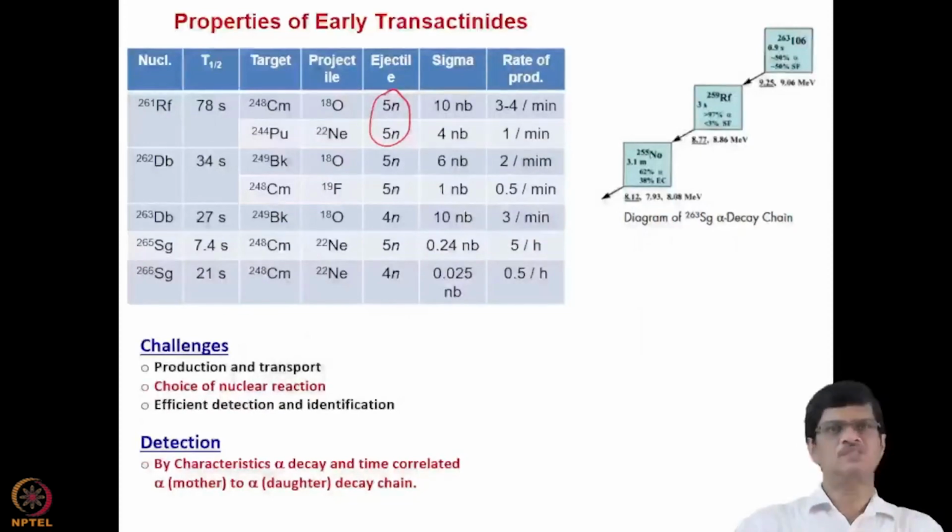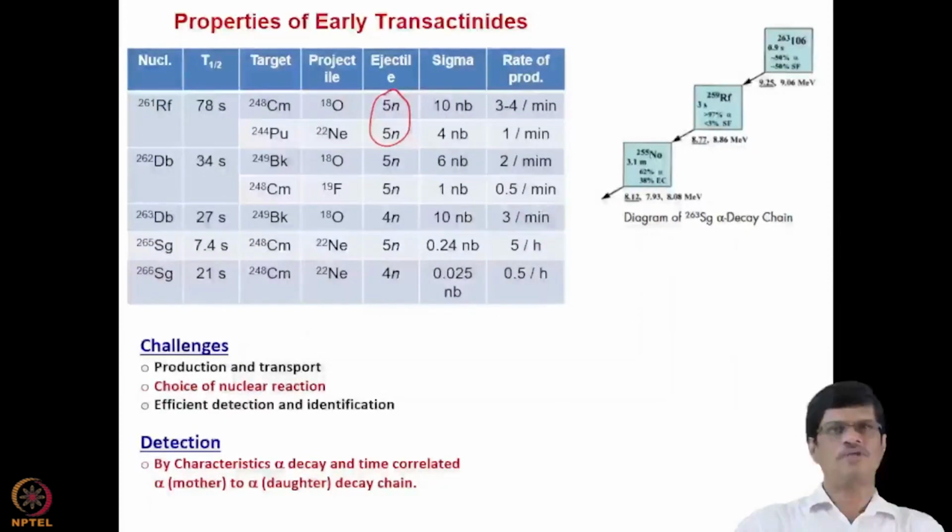Now coming to 262dubnium, that is element 105. It has a half-life of 34 seconds. The target required for this is 249berkelium, where an oxygen-18 beam is used with again 5 neutrons emitted, and with a 6 nanobarn cross section you have around 2 atoms per minute.